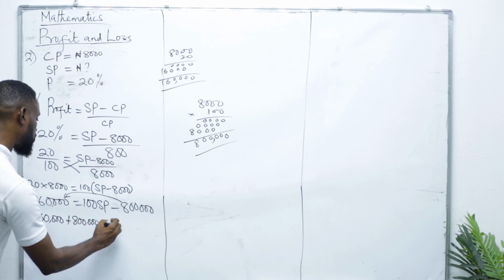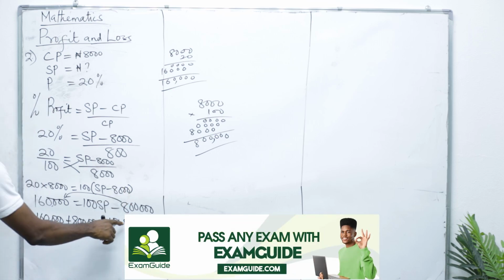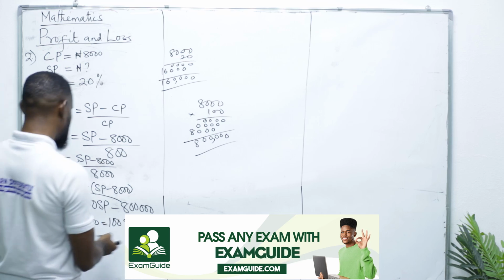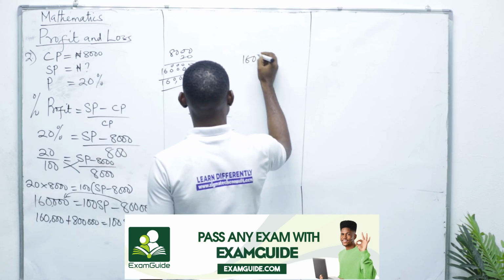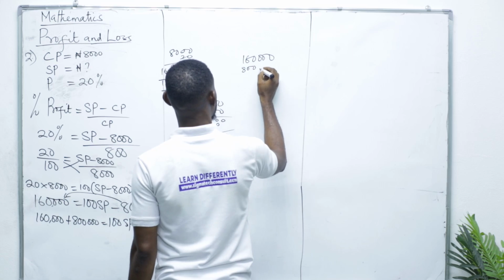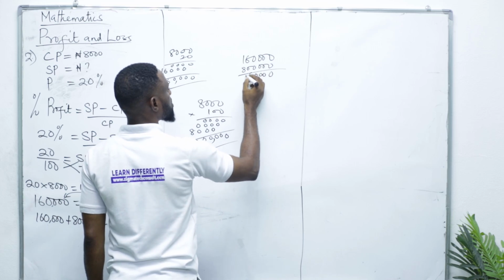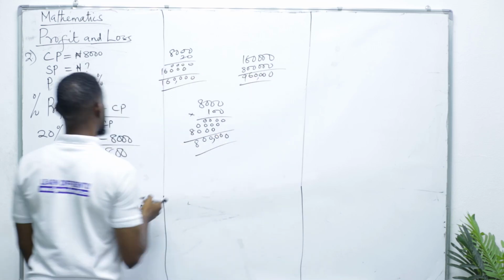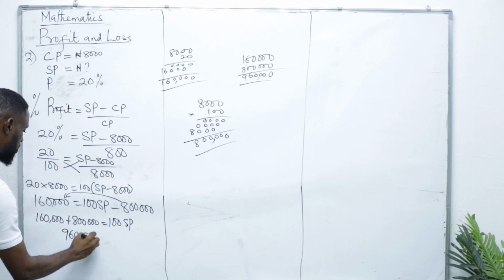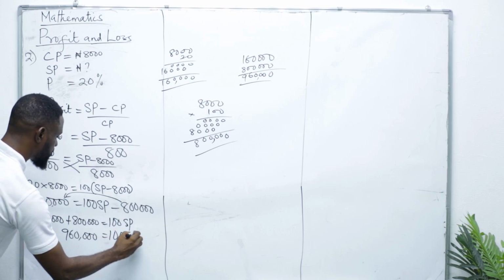Is equal to 100 SP. Is that correct? All right, so we go again. So it means 160,000 and we have 800,000. So this will be 960,000. So 960,000 is equal to 100 SP.